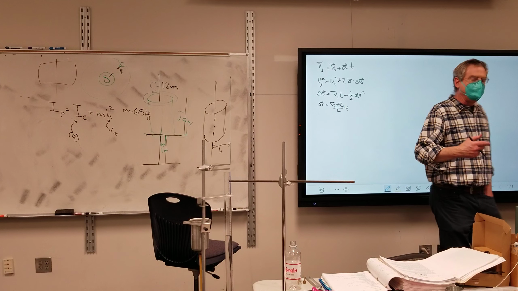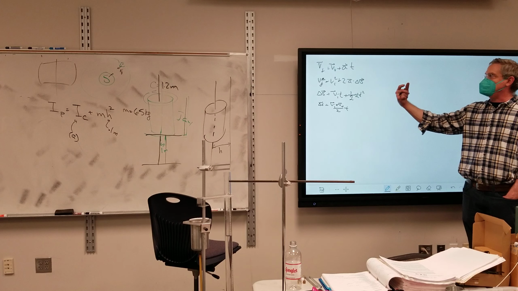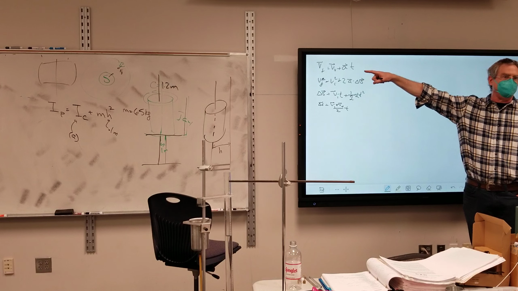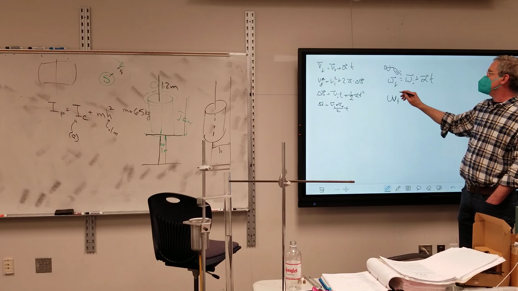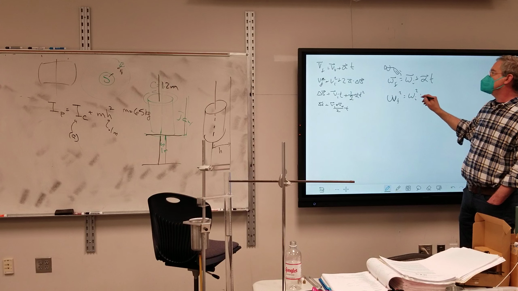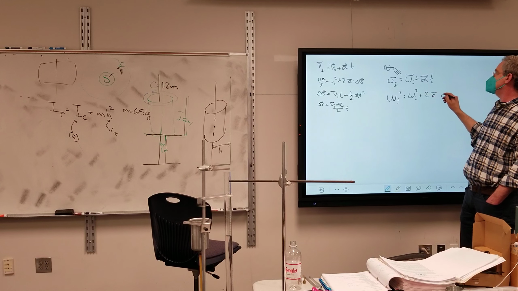Classic. For rotation, you just put in the rotational analog. Instead of speed, we have angular speed. Instead of acceleration, we have angular acceleration. Instead of displacement or position, we have angle. So we get omega F is equal to omega I plus alpha T. Omega F squared equals omega I squared plus 2 alpha delta theta.